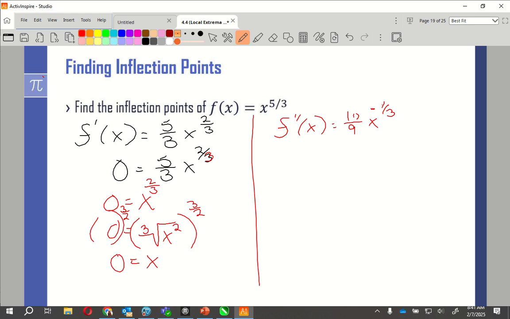Alright, so from here, set this one equals 0, and I have 10 over 9 x to the negative 1/3, so I can put that x on the bottom.